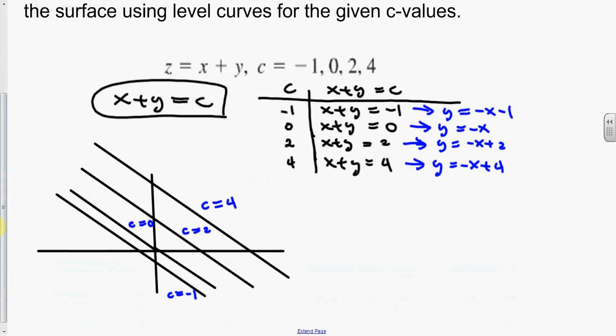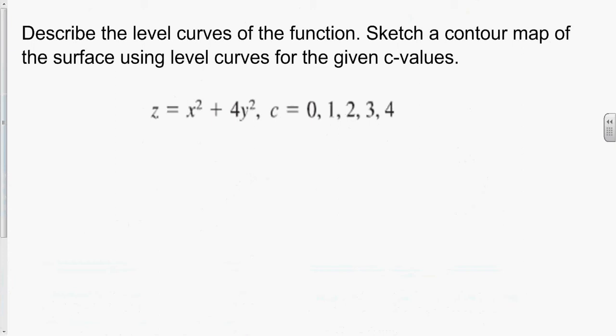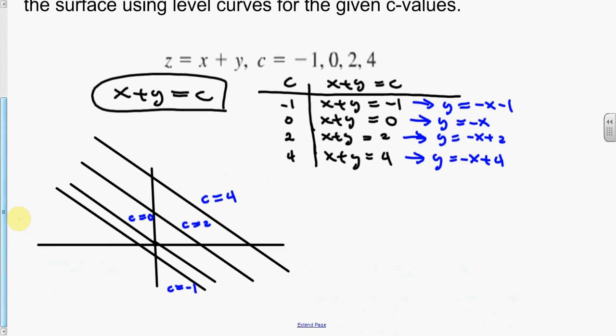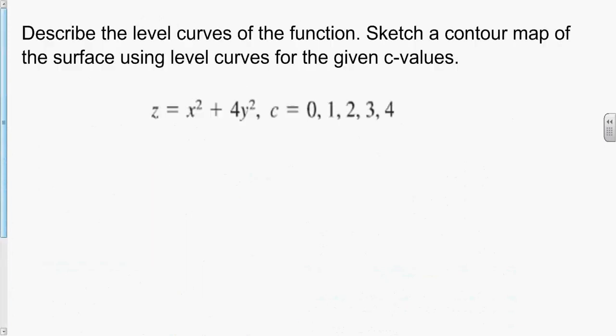Well, let's look at another one. So for this one, we have x squared plus 4y squared is equal to c.